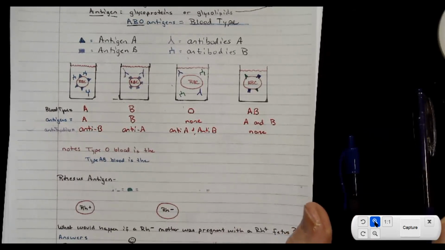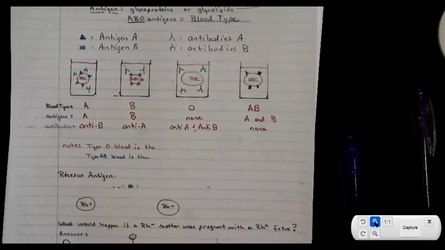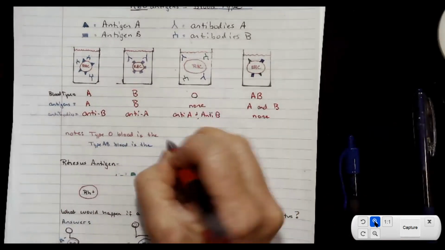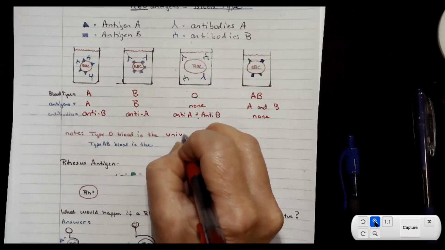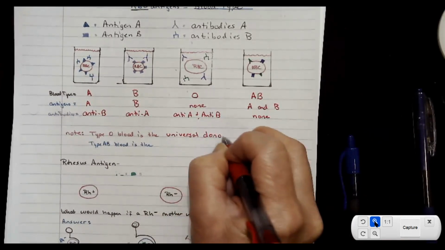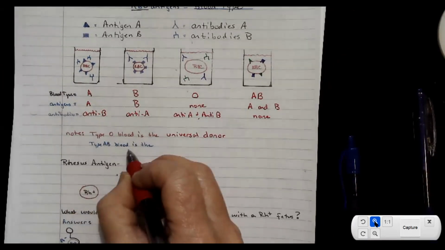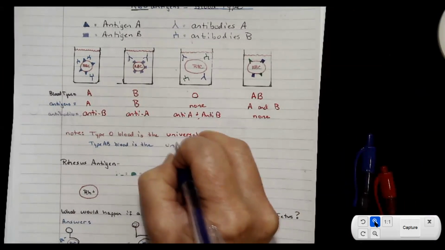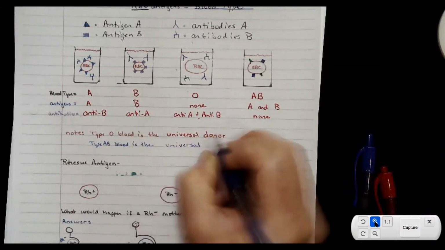Now, blood type O is the universal donor. I'm going to explain this in a minute. Type AB blood is known as the universal recipient.